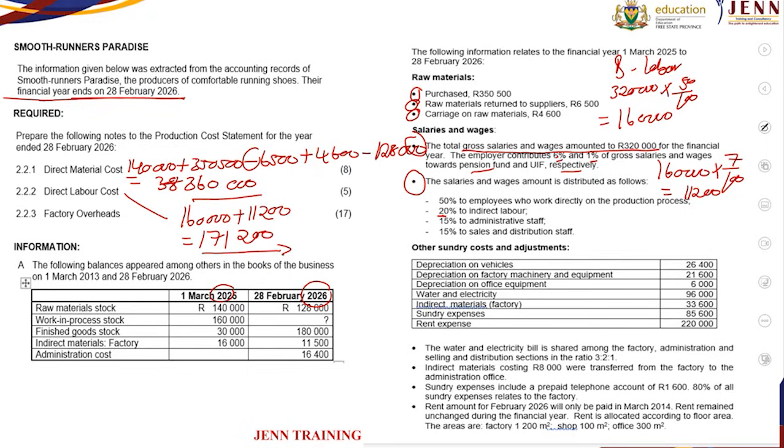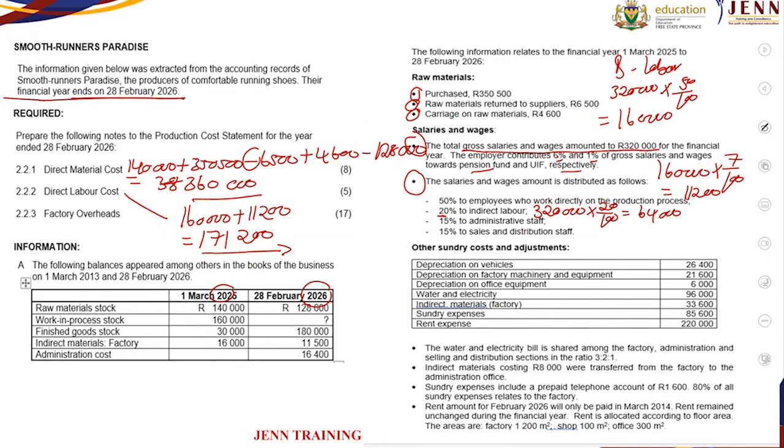So for indirect labor, we are going to say 320,000 multiplied by 20 over 100. Now we need to know how much we are going to get here. It means we were supposed to pay 64,000. We were supposed to pay 64,000.